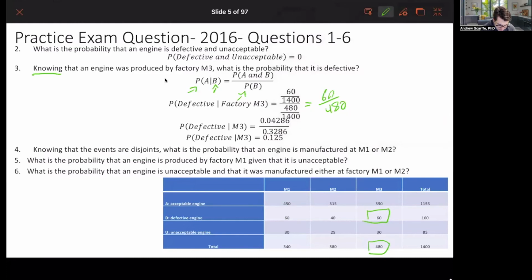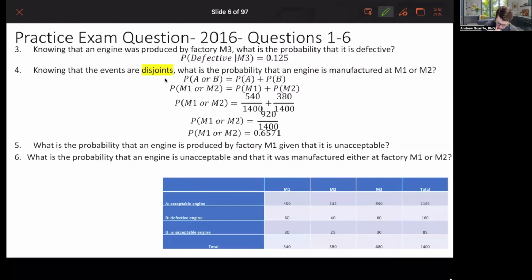Knowing that the events are disjoint, what is the probability that an engine is manufactured at M1 or M2? These events are disjoint. They do not happen at the same time. It's either M1, M2, or M3, but engines aren't produced at the same time in different facilities.